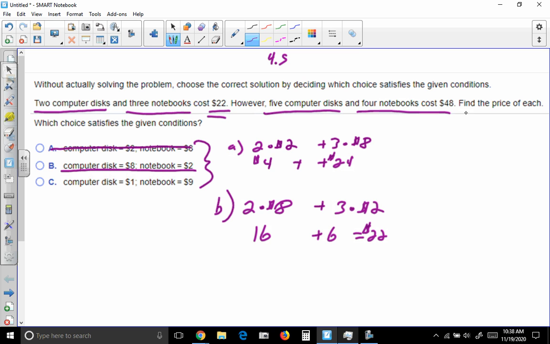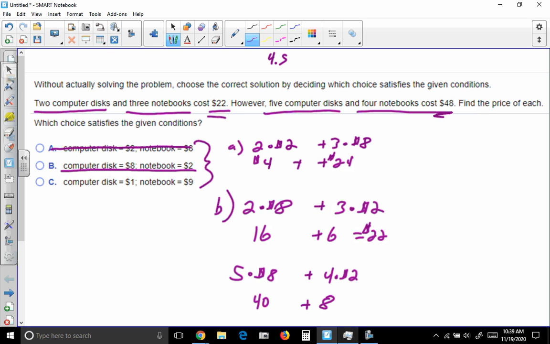So in the second scenario, we have 5 computer disks. So 5 $8 computer disks would give us a total of $40, and 4 notebooks. So 4 times the $2 per notebook, that would be $8 for a total of $48.